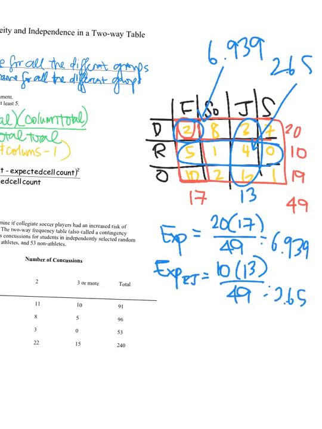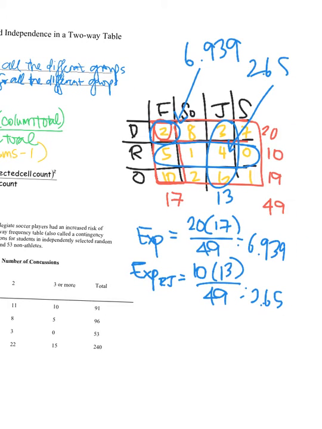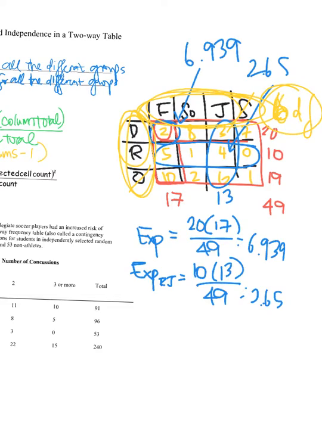So we would do 2 times 3, which gets us 6 degrees of freedom. So this one would have 6 degrees of freedom. And that's how you find degrees of freedom.